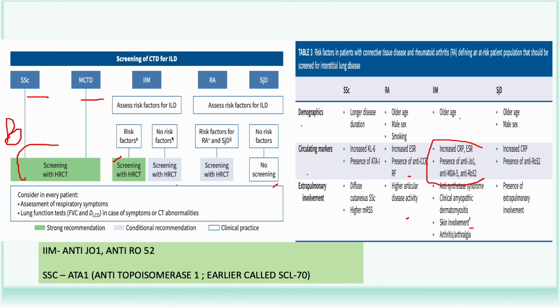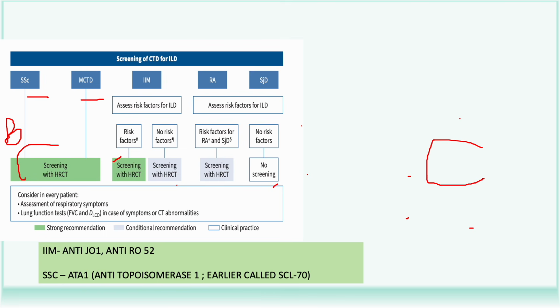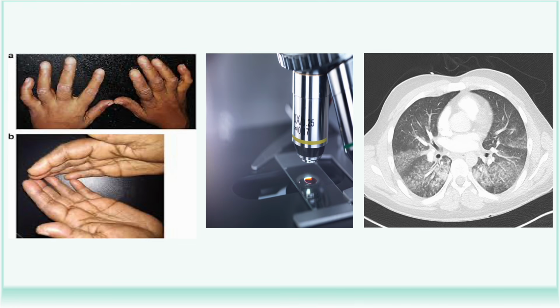But when you have systemic sclerosis and MCTD, you're not looking for risk factors, you are just screening them for an ILD by doing an HRCT definitely. So we are looking at all the risk factors together and combining our approach.